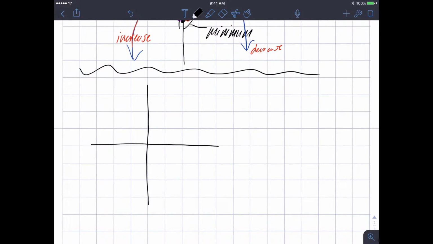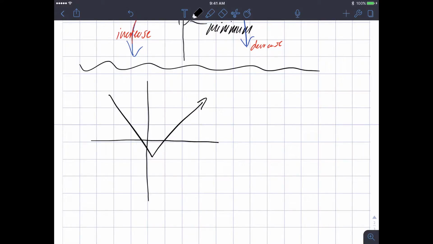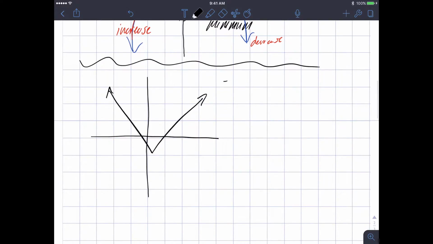Say we have an absolute value graph that looks like this. Well, we know by looking at it, it both decreases and increases. We know that it does have a minimum right here.